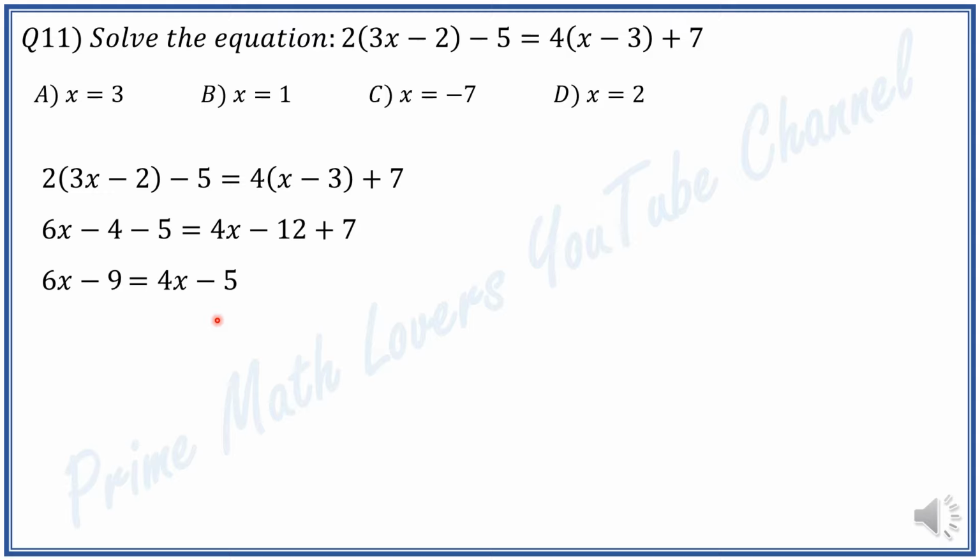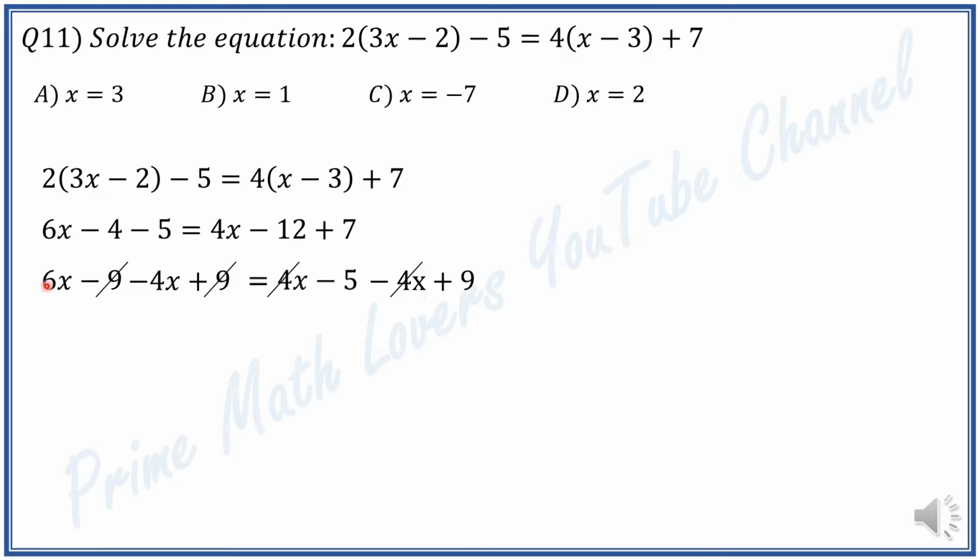Then we add negative 4x and positive 9 to both sides of the equation. Now I can cancel this negative 9 with this positive 9, and this 4x with this negative 4x.